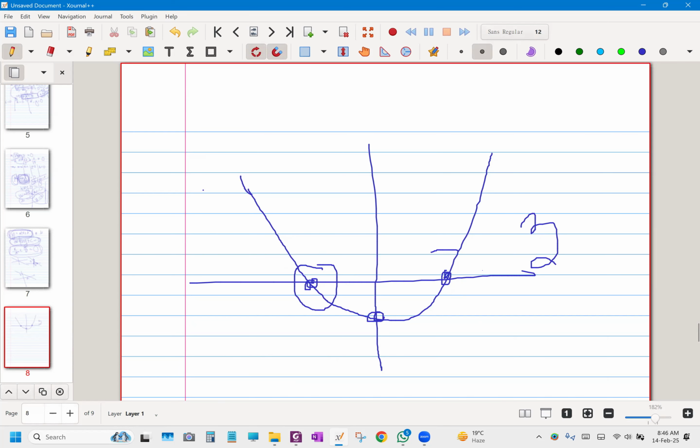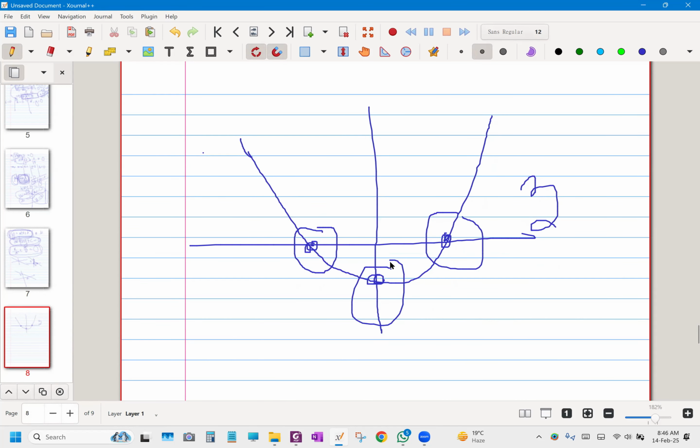This point and this point, and you can just automatically guess this point. So practically, or maybe intuitively, you need to know at least 2 points. That is basically the intersection points of the x-axis, or the zeros of this parabola.